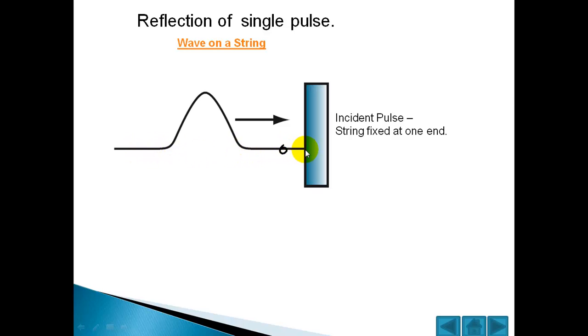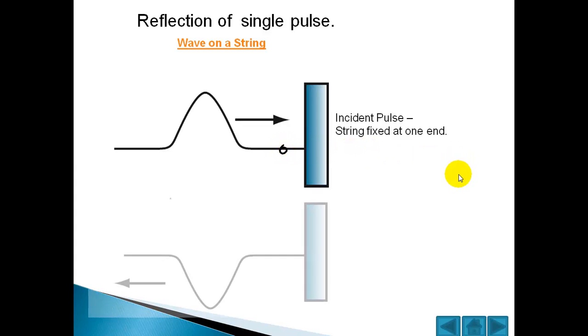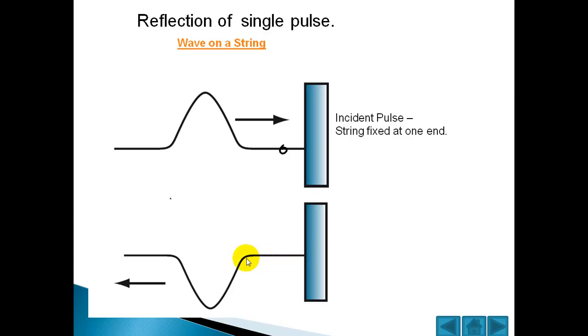When it hits the wall, then it's fixed at this point. When it hits the wall, what happens? It comes back on the other side of the string. So we have a negative displacement there. So the wave is inverted.